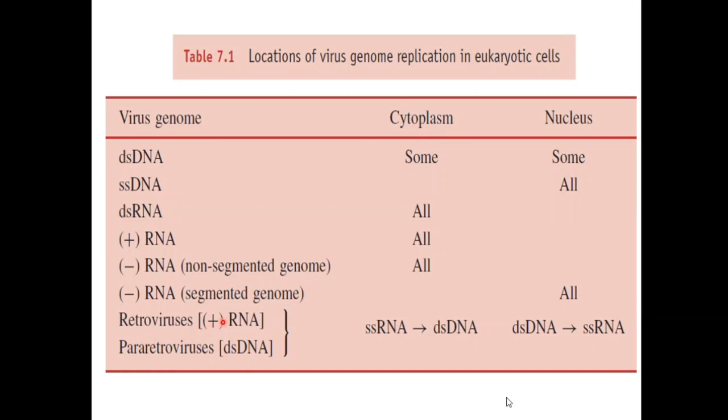So retroviruses, that is positive polarity, this is HIV. We make single-strand RNA into double-strand within cytoplasm, and the double-strand will migrate to nucleus and integrate in the genome of the host cell. After integration, copies of single-strand RNA, which will be incorporated in the virus, will be synthesized from the nucleus.